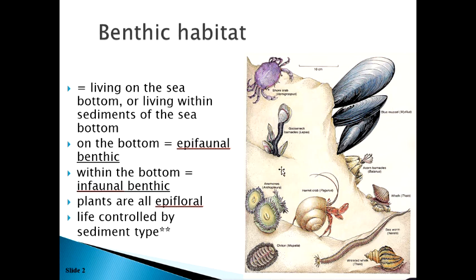If they happen to burrow down into it, they are infaunal benthic. Plants that are sort of attached to the bottom, if you imagine some seaweed growing here, that is epifloral benthic. So think about it. All these organisms here, their whole life is intimately tied to the sediment at the bottom. So they're controlled by this sediment type.